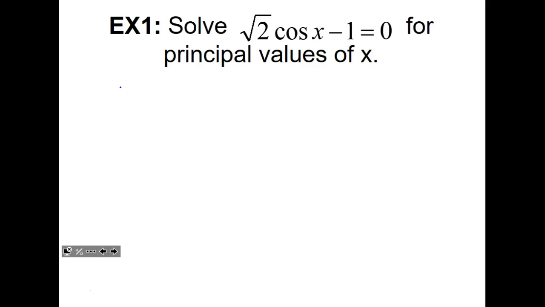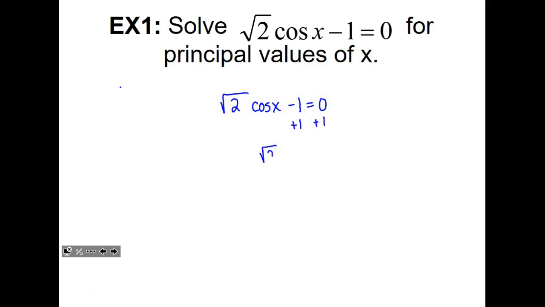Alright, so number 1 here. I've got this equation. I need to solve it for x. Okay, this is not verifying. I can move things from one side to the other. So I've got square root of 2 cosine x minus 1 equals 0. Okay, so I need to get that x by itself. I've got to add the 1 first.